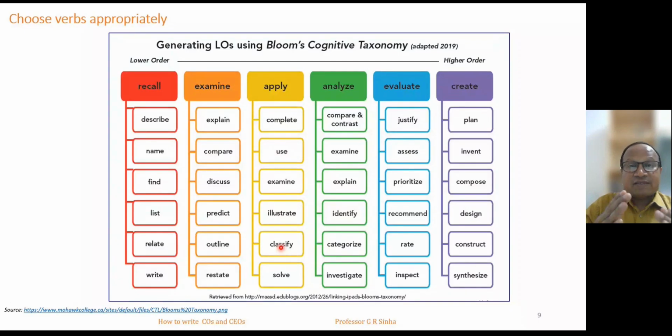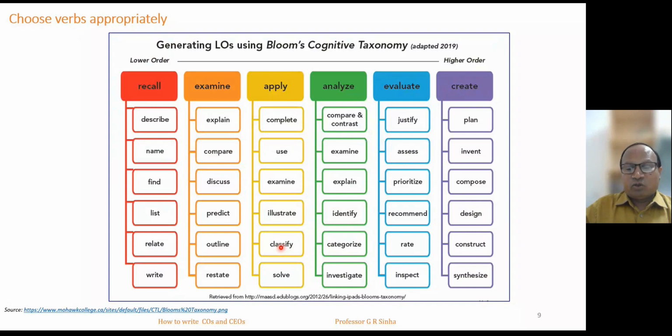The discussion on writing course outcomes and course objectives is even more important than writing program outcomes and program objectives, because a course is under a program and each course plays a significant role in achieving the program outcomes and objectives of a program.